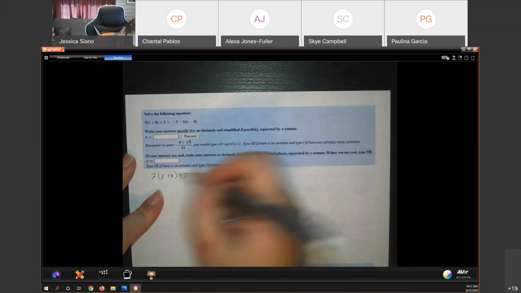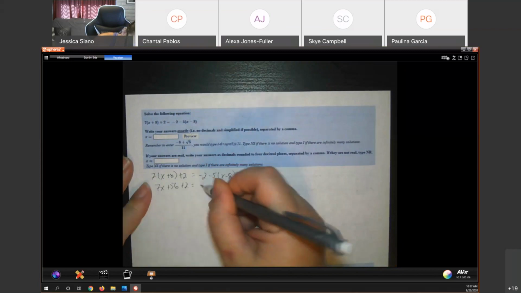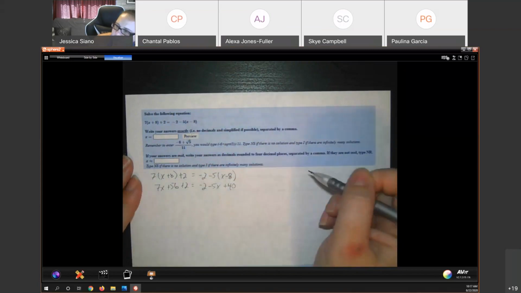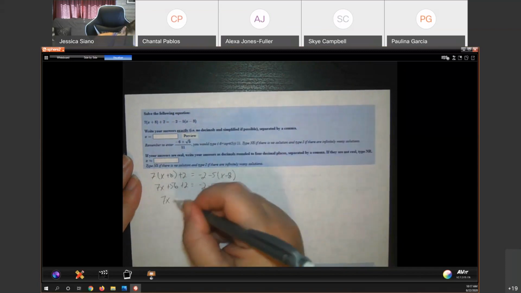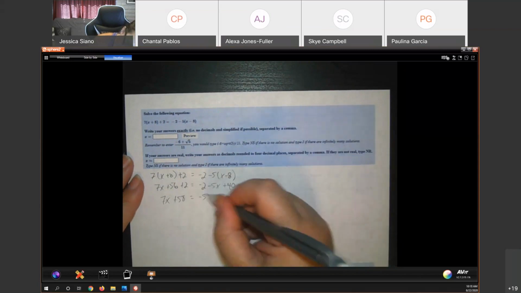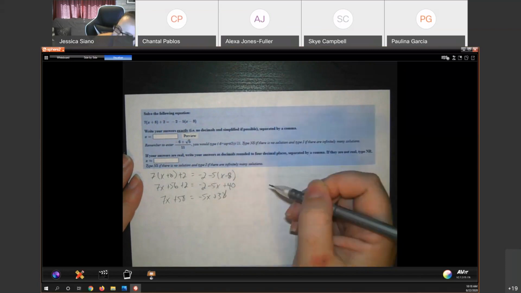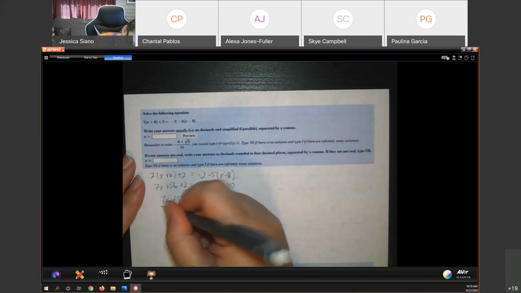All right, so we'll distribute on this side, 7x plus 56. Distribute on this side, negative 5x plus 40. Combine like terms over here, so this becomes 7x plus 58. Combine like terms over here, this becomes negative 5x plus 38. Add the 5x.